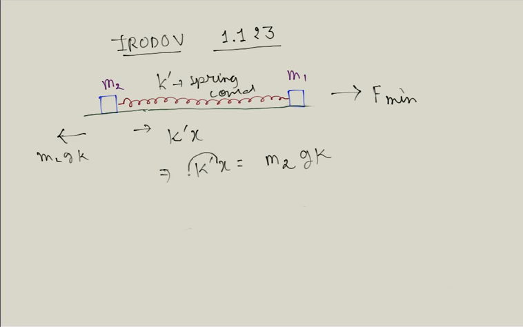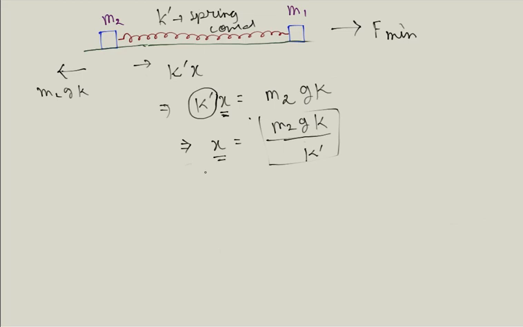The frictional force is a constant, and what decides the spring force is the maximum elongation or the maximum compression of the spring. So x must be equal to m2 g k divided by k'. When the elongation is equal to this term, the body of mass m2 will start moving.